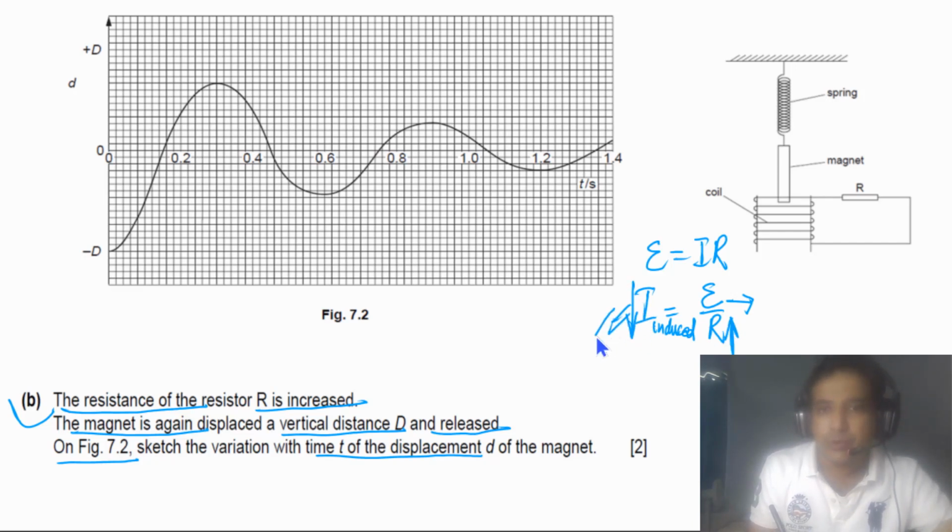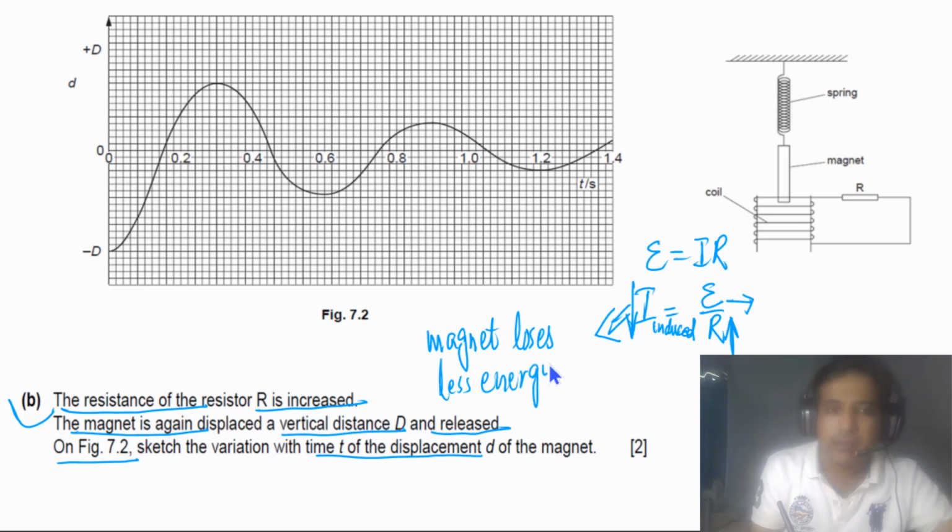If induced current decreases, it means the magnet loses less energy. Means less mechanical energy of the magnet decreases. Magnet loses less energy. As less energy is lost, it means less damping.